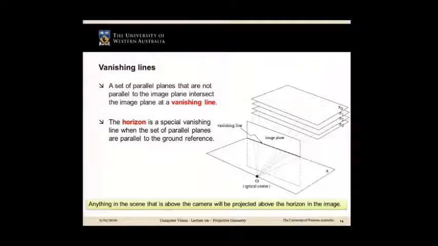So given multiple planes, if you extend those planes towards your image plane, they all will appear to meet at one single line, right? So just keep that in mind. Lines converge to a point, planes converge to a line. So it's all about the reduction in dimensionality, right? Any questions so far on that one? I think these are pretty easy to understand things, right? Okay.